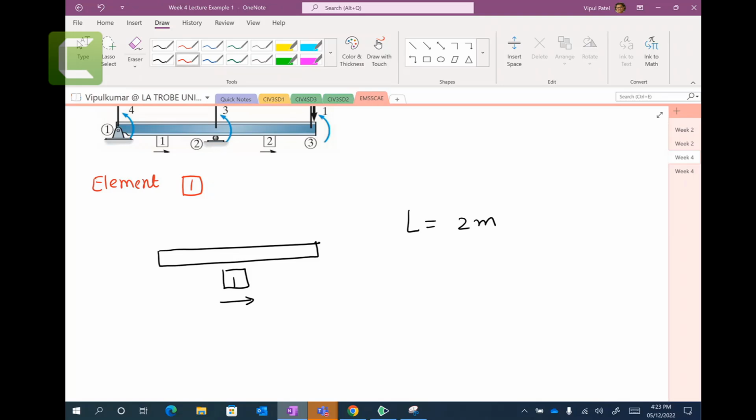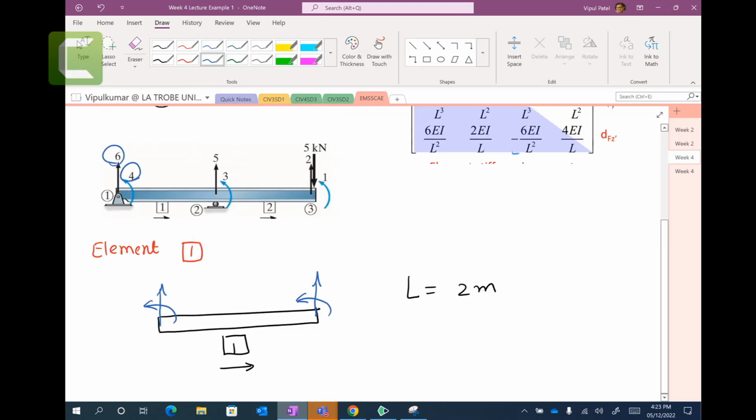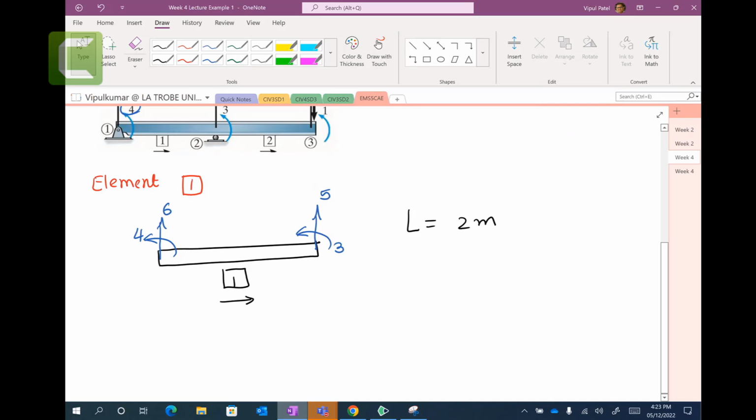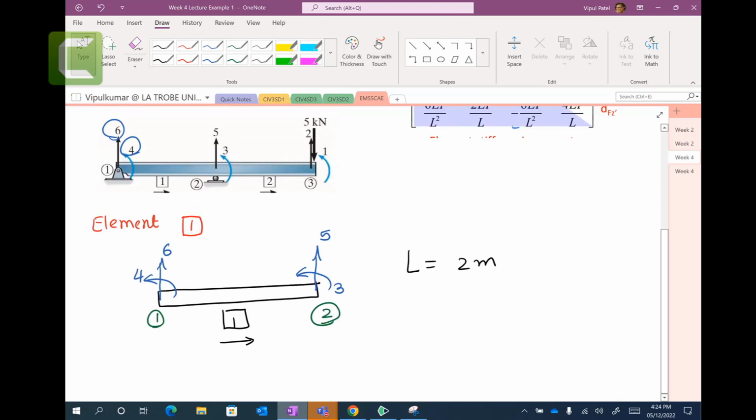The degrees of freedom at the two ends are given as 6 and 4, and 5 and 3. Node numbering 1 and 2 is given. I'll stop here. Let me know about the writing I did for element number 1.